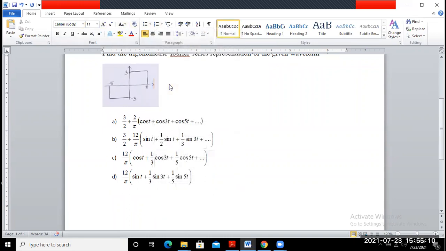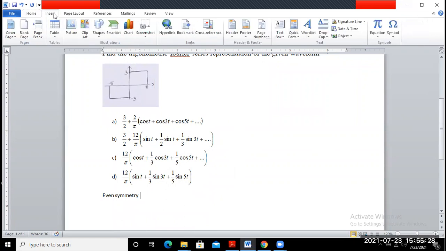Okay, so what is the condition for the even symmetry? You should always keep this property in your mind.